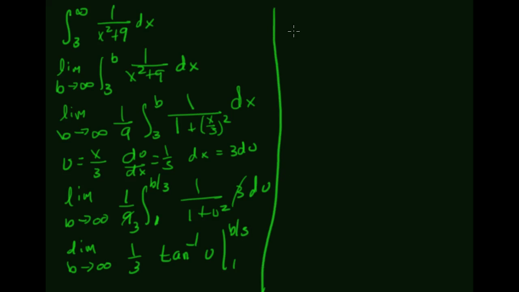All right, so this is going to become the limit as b approaches infinity of 1/3 times the inverse tangent of b over 3 minus the inverse tangent of 1.